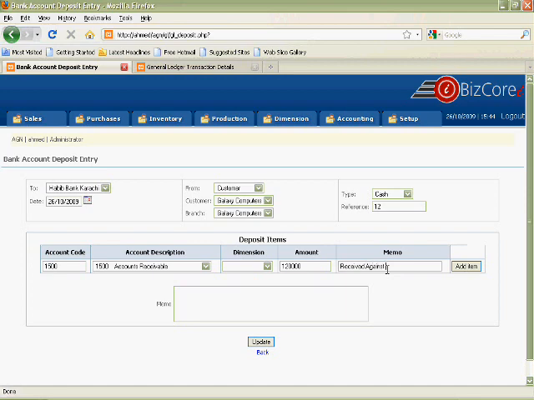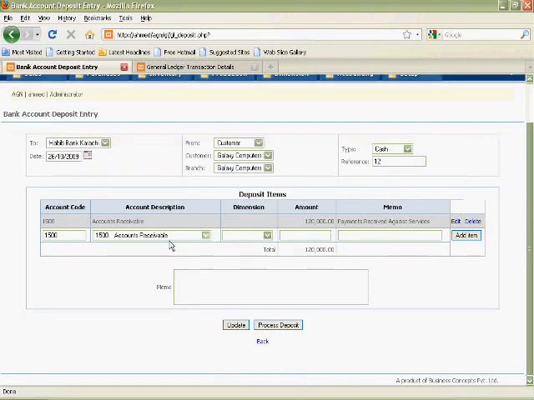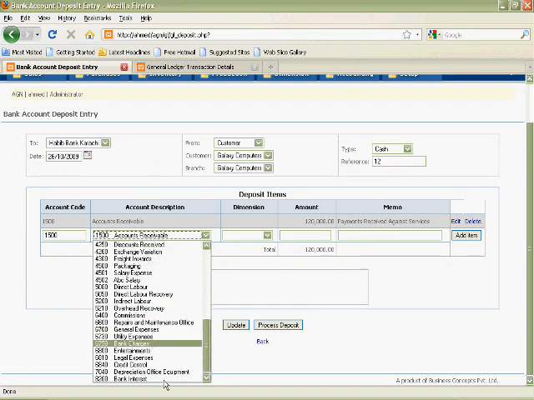You can add multiple transactions. For example, you received any sort of accounts receivable of rupees 10,000.